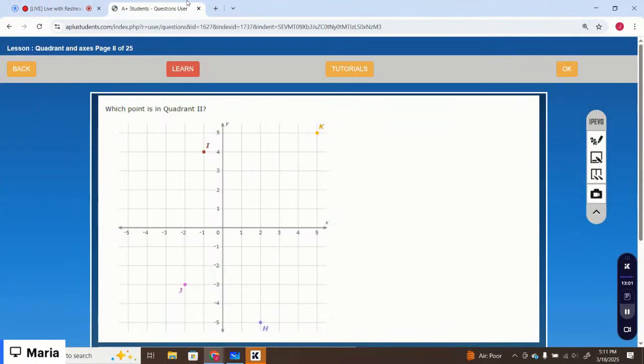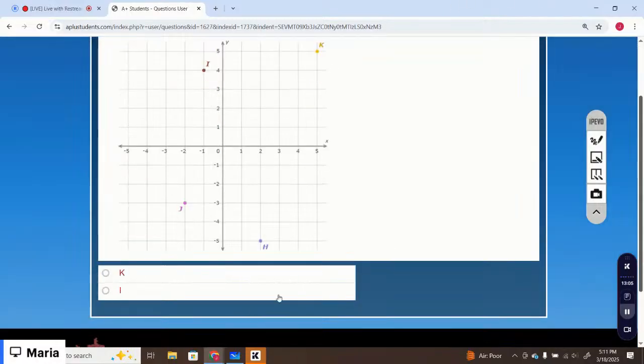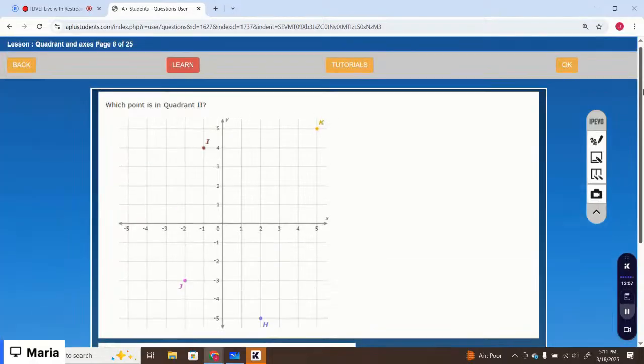Point I is in quadrant 2. You can complete the lesson by yourself later today. Let me move on to the next lesson.